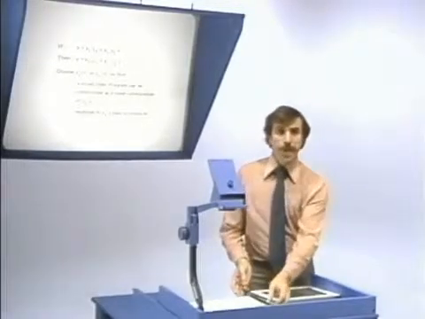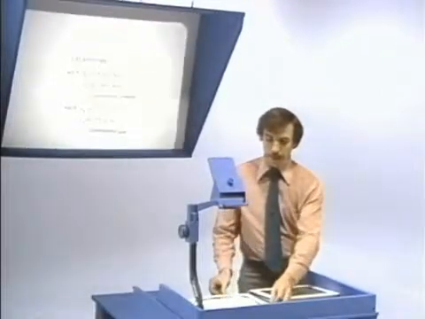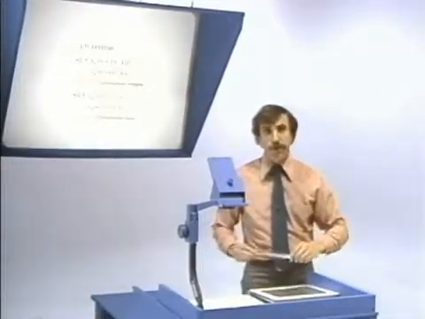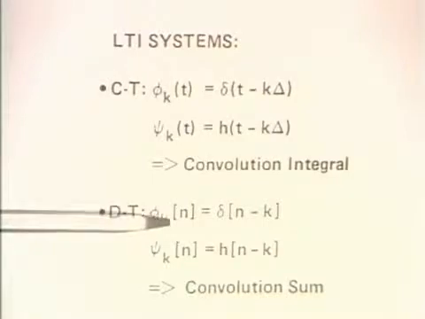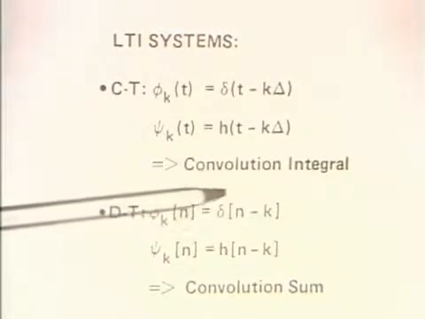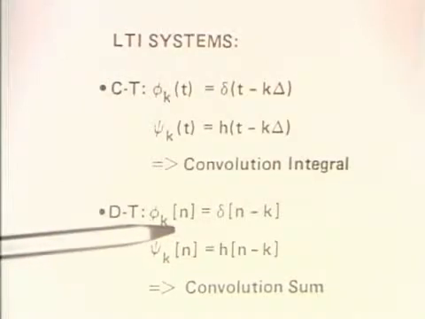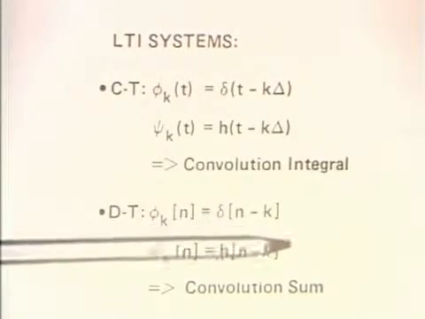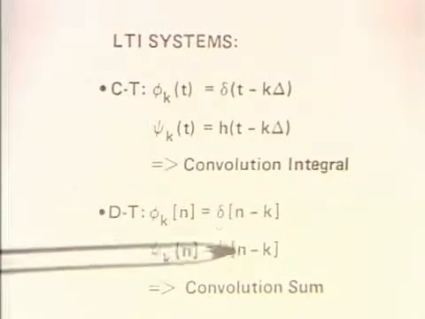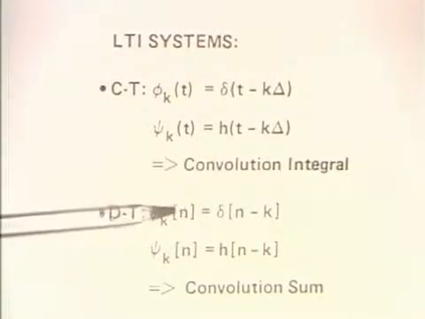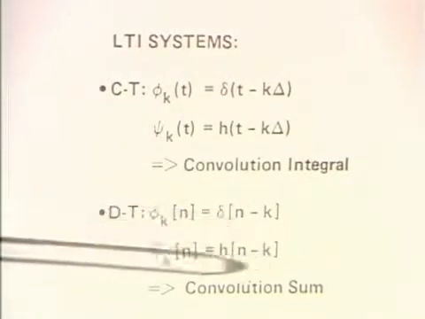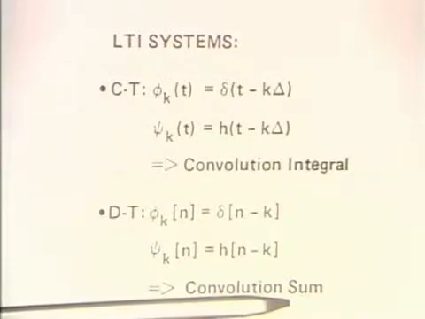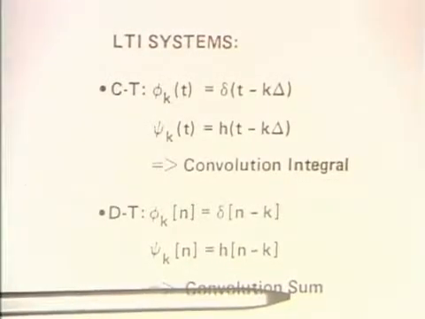Now, in the representation which led us to convolution, the particular choice that we made in the discrete time case for our basic inputs was a decomposition of the input in terms of delayed impulses, and the associated outputs that generated were delayed versions of the impulse response, decomposing the input into a linear combination of these, the output into the corresponding linear combination of these, then led to the convolution sum in the discrete time case.